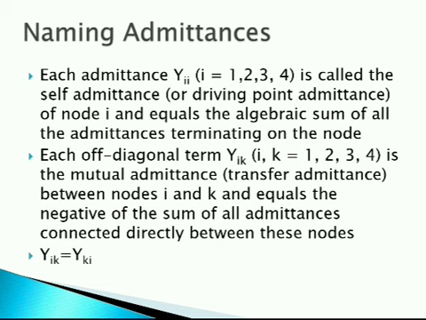So let's say we have a 5 bus system, so the i will vary from 1 to 5. So you will have Y11, Y22, Y33, Y44 and Y55.